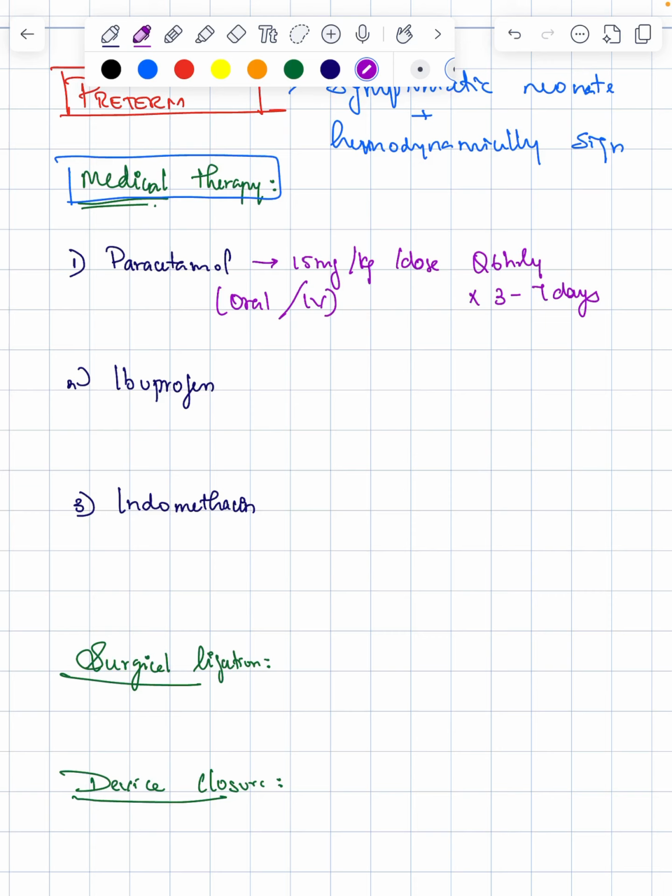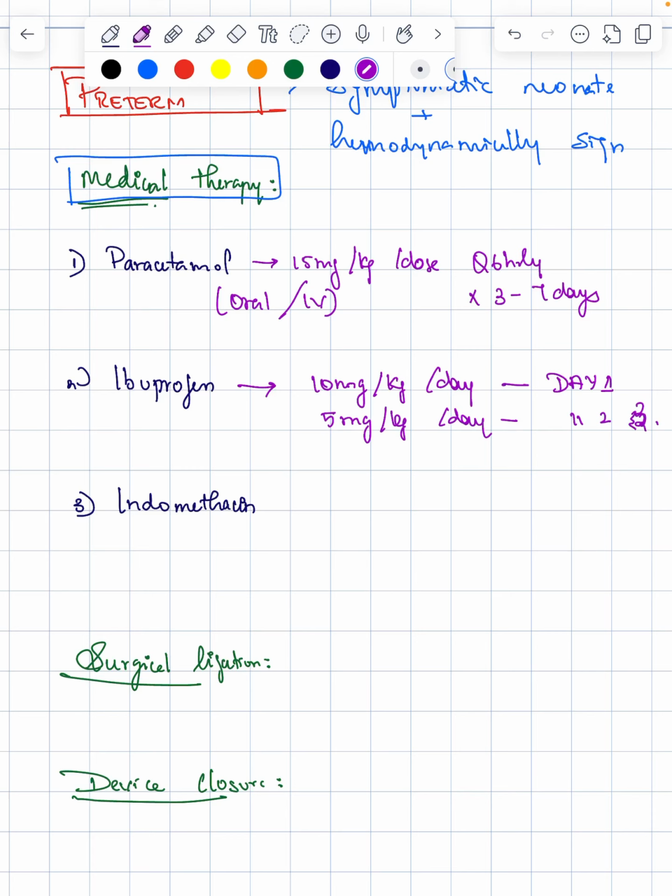Then in case of brufen, the dose is 10 mg per kg per day on day 1, followed by 5 mg per kg per day on day 2 and day 3, at 24-hour intervals.